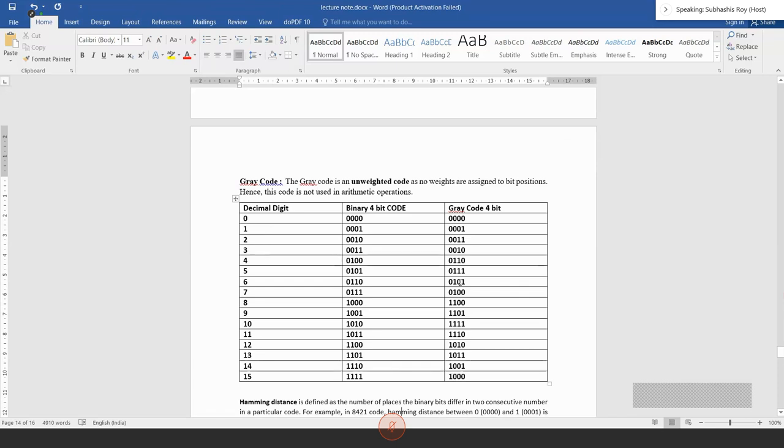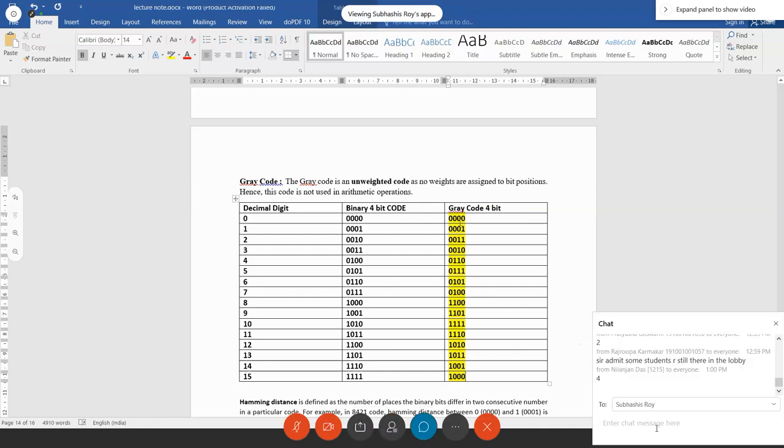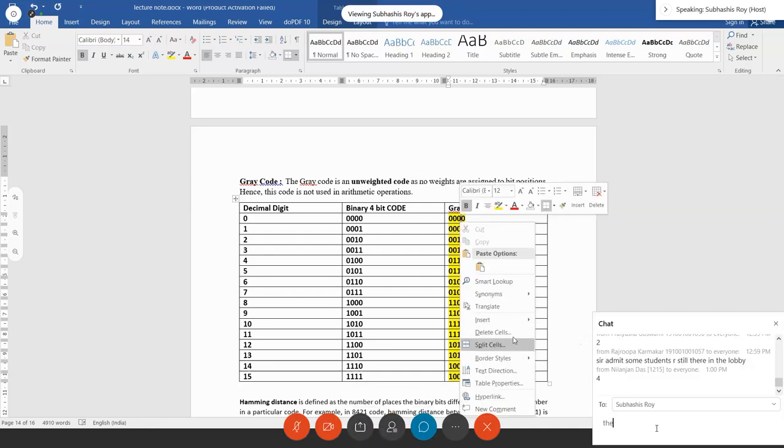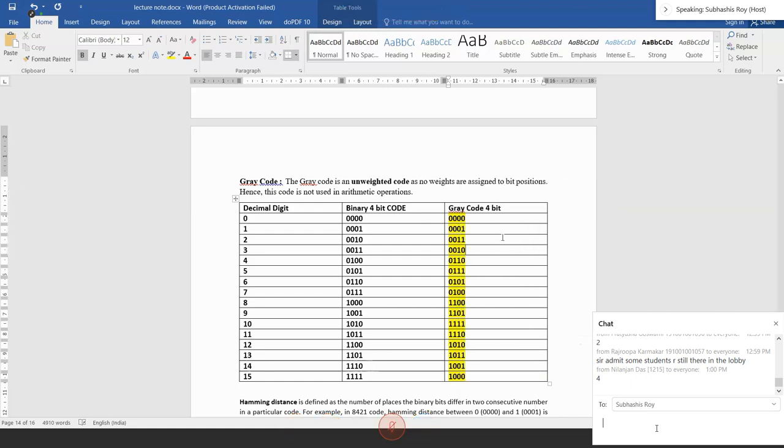One important note is that there is a particular method by which we can calculate gray code from binary. But if you see the combinations of gray code, what note can you take from this? So first is 0 0 0 0.